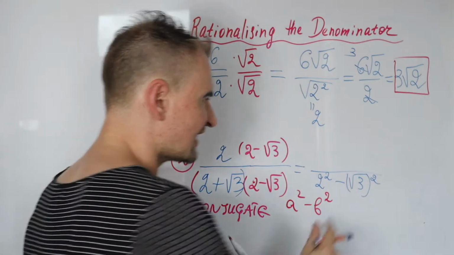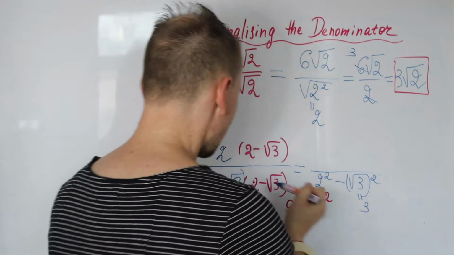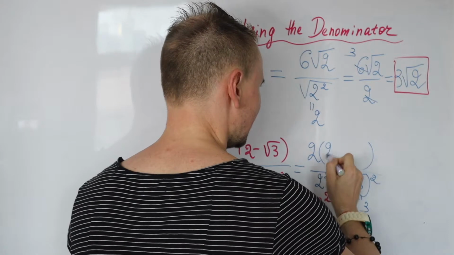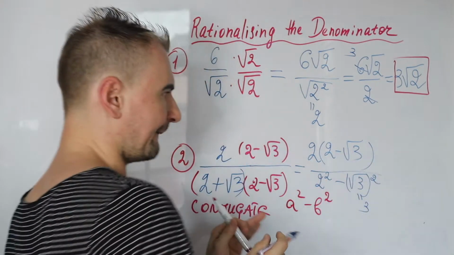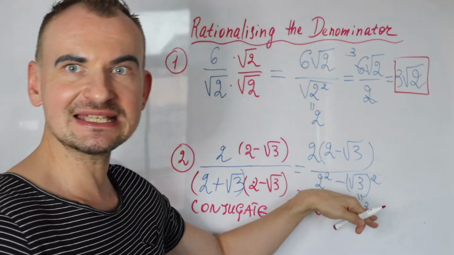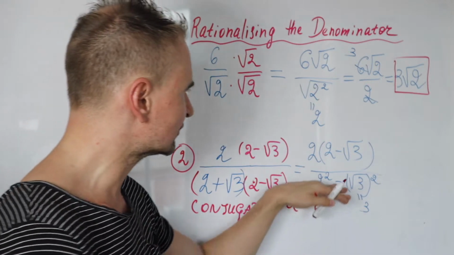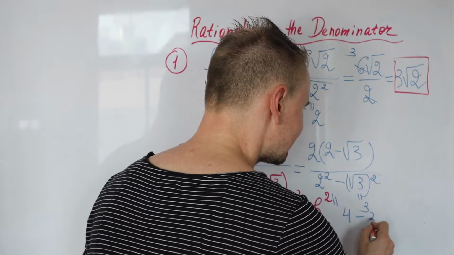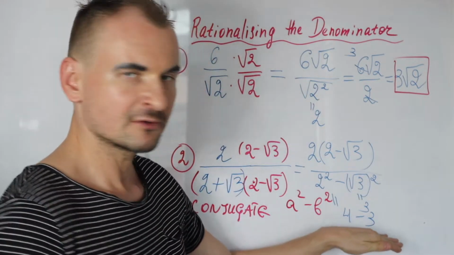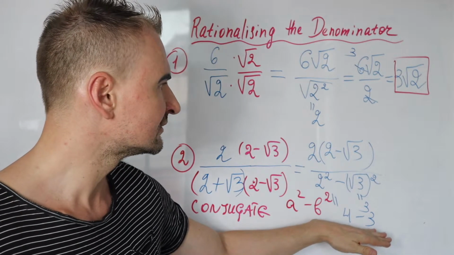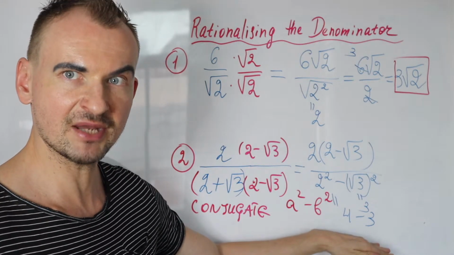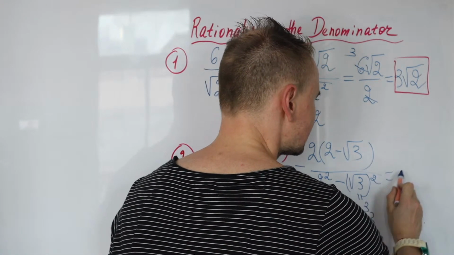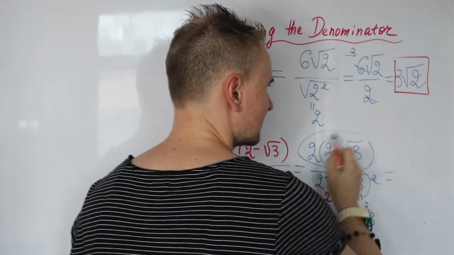So it becomes just 3. And you keep this top as is. So 2 gets multiplied by 2 minus root of 3. Now, let's simplify the bottom expression. 2 squared becomes just 4 minus 3, and you end up with just 1 in the denominator, so no root at all. So your final answer for this one is just this top.